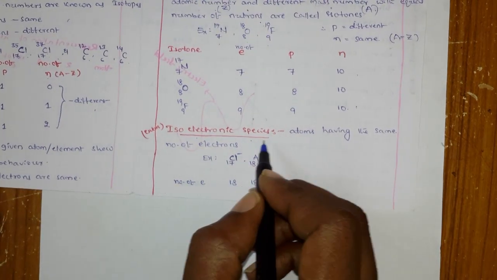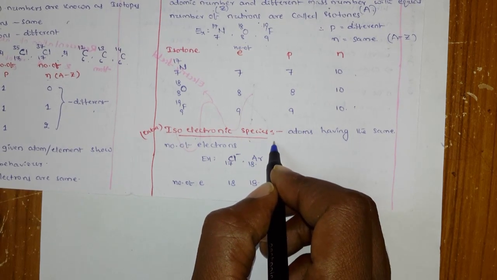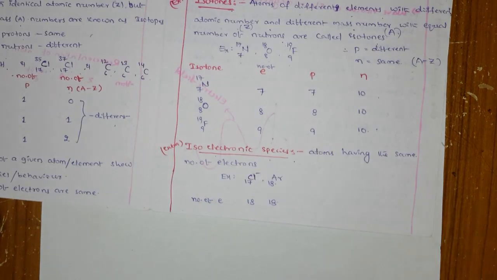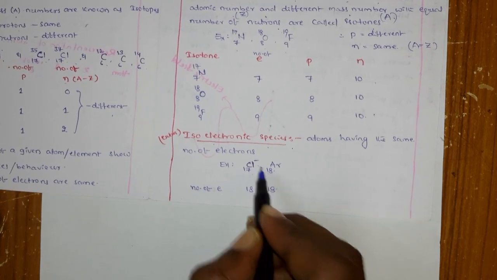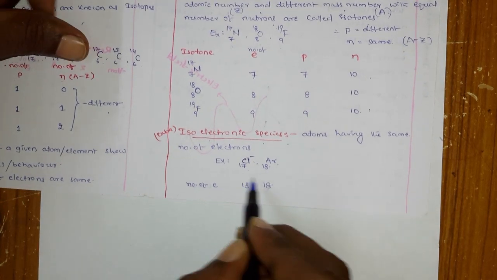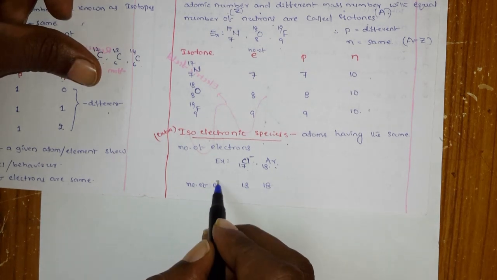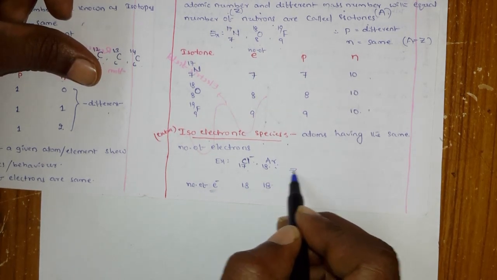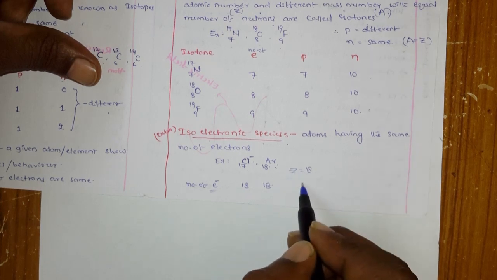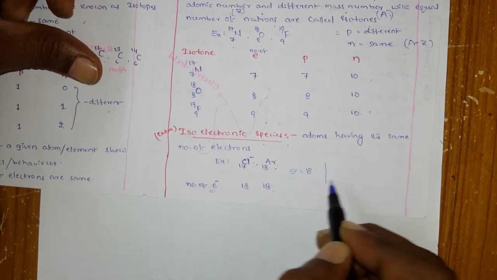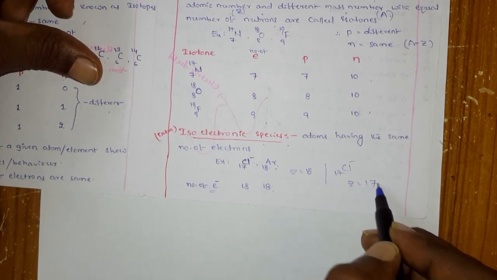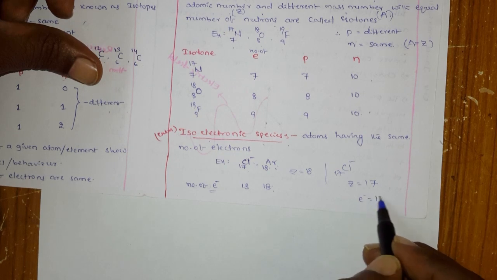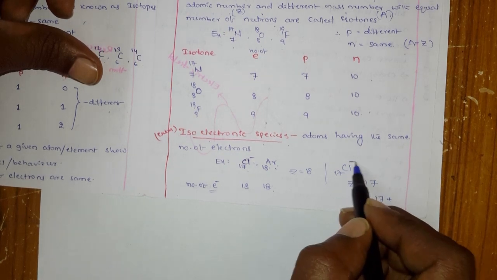Next is isoelectronic species. Isoelectronic species are atoms having the same number of electrons. Look at these, chlorine minus and argon. In argon, generally Z is equal to 18, so it contains 18 electrons. But in chlorine, Z is equal to 17, so the electrons are 17 plus one extra electron.